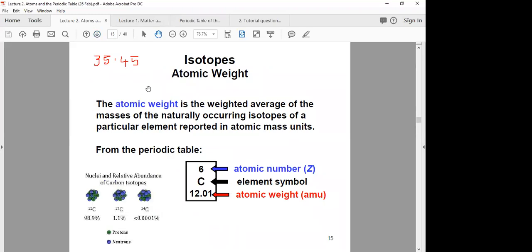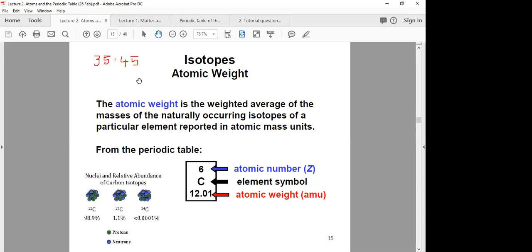So that number that we had up here, the correct expression for that particular number that's always found immediately underneath the element symbol on the periodic table is actually the atomic mass. I've got it written here as atomic weight. We can use them interchangeably, but if you want it to be scientifically correct, then you would say the atomic mass.